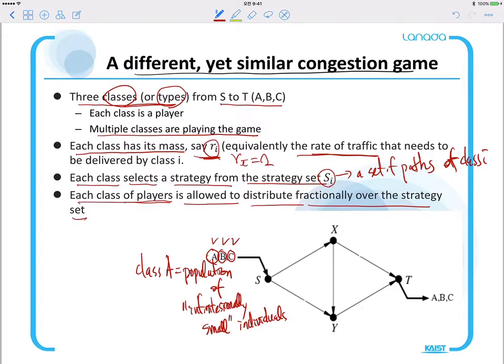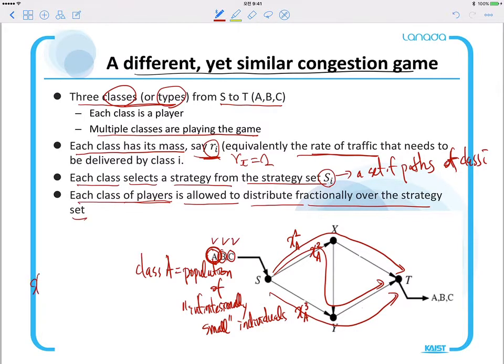For example, from class A, there are lots of paths, but like this is one path, and this is another path, and this is another path. Okay. Now if we distribute, this is a distribution X_A, the first distribution, the second distribution, and the third distribution of class A.